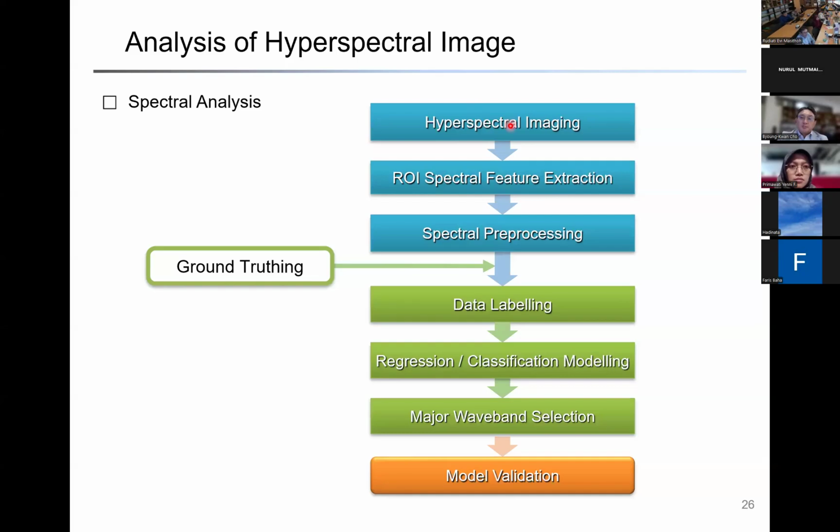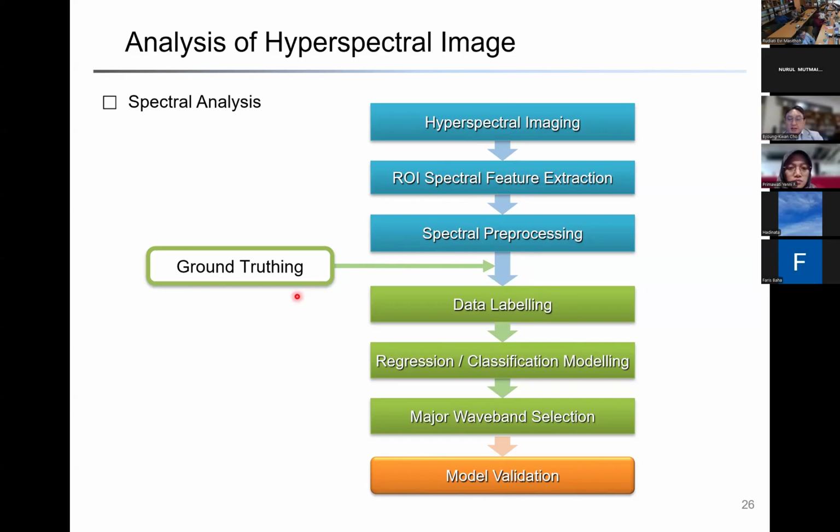Okay, when we measure hyperspectral images or spectral information, we need to extract spectral features, and we need spectral preprocessing, and also we need data labeling using ground truthing.